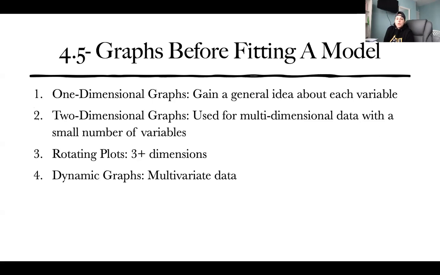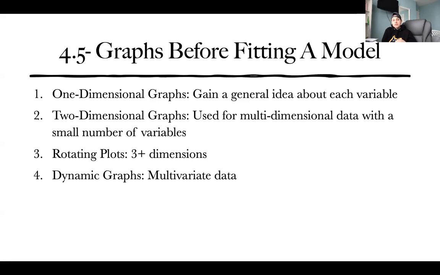Section 4.5 is going to talk all about the first type of graph, which is graphs before fitting a model. In this case, we have four possible groups of graphs. The first one is our one-dimensional graph. The purpose is to have a general idea about the distribution of each individual variable.